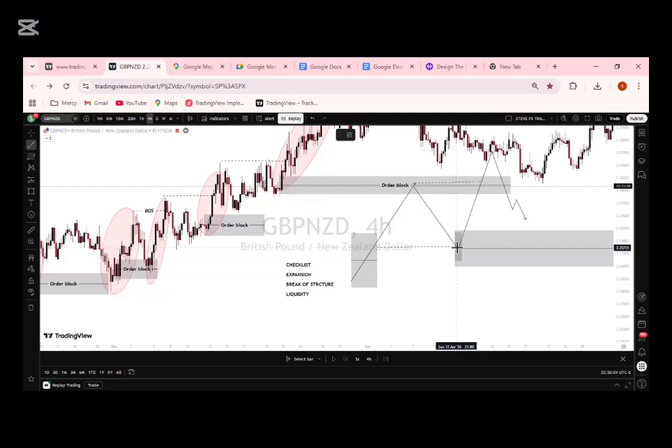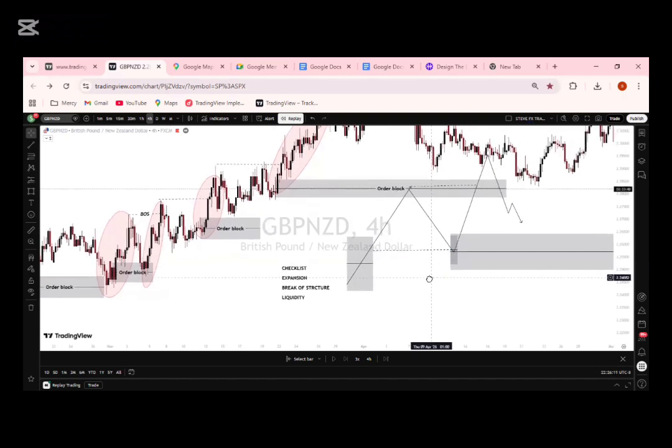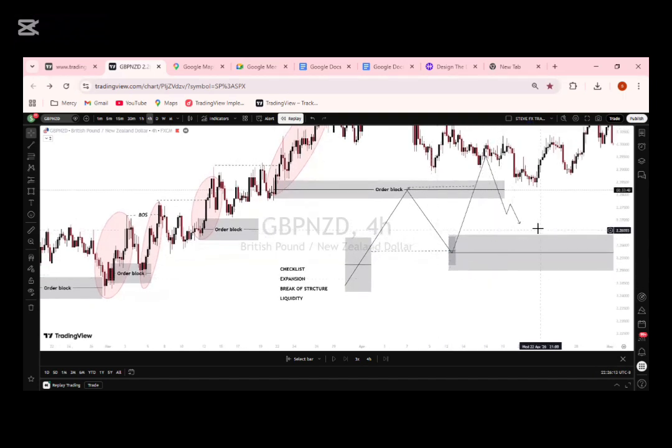It could be a candle, it could be some candle wick or anything. We'll just apply it on the live market so that you understand. Or it has liquidity before it.